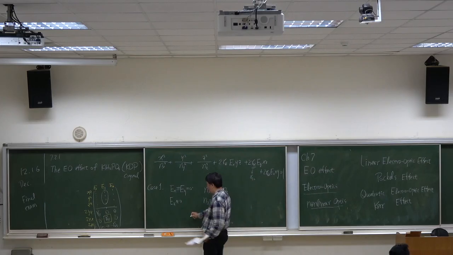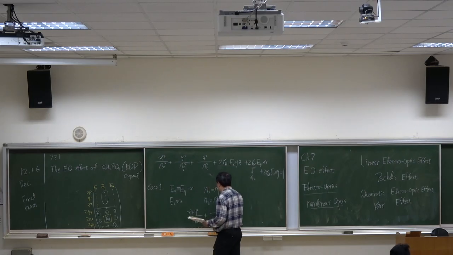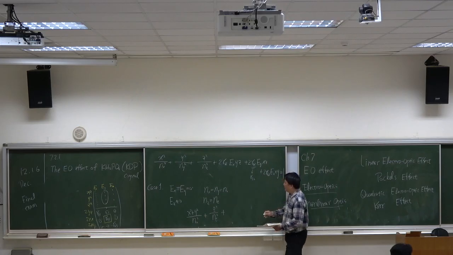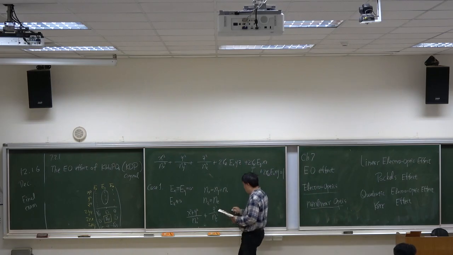So this becomes x squared plus y squared over no squared, plus z squared over ne squared, plus, since we apply the electric field along the z-axis, R63 Ez xy equal to 1.